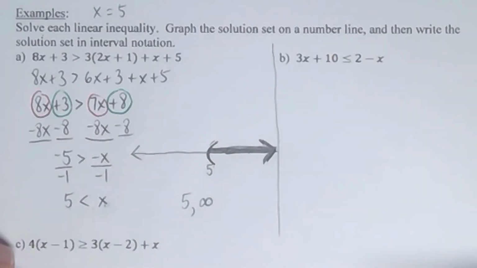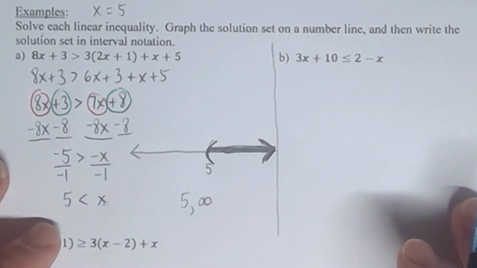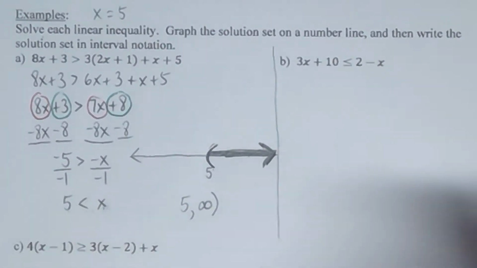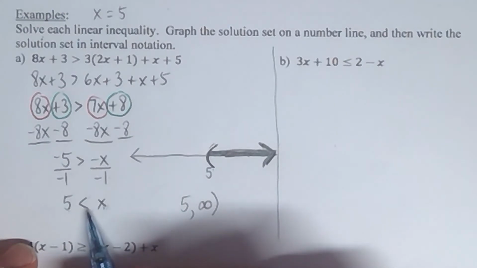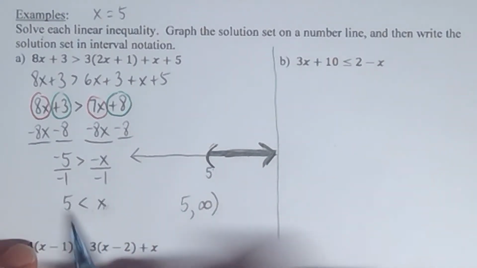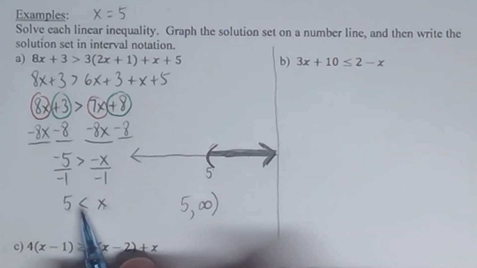And we learned back in that same set of sections in Chapter 2 that infinity and negative infinity are always going to have round brackets. They're always going to have round brackets, even if the alligator's got feet. Okay, with the infinity and negative infinity, that's always round. It's just that the other numbers, okay, like 5, that's where the alligator determines whether or not 5 will be round or square bracket.